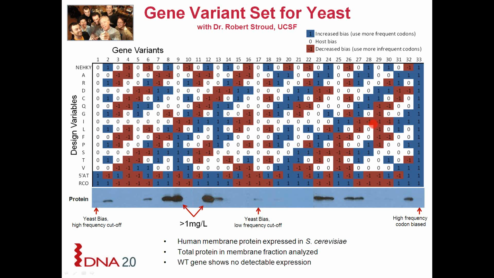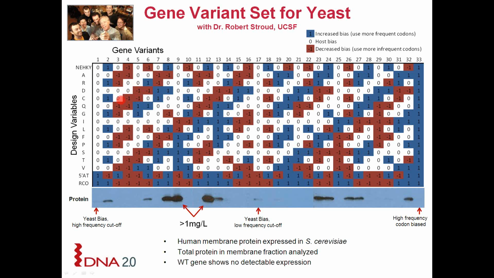Bob is a leading structural biochemist. He's got a strong interest in producing large amounts of usually human membrane proteins in yeast as well as some other hosts. In this particular project, we're expressing a human membrane protein in Saccharomyces cerevisiae, and what is assayed is the total protein in the membrane fraction.